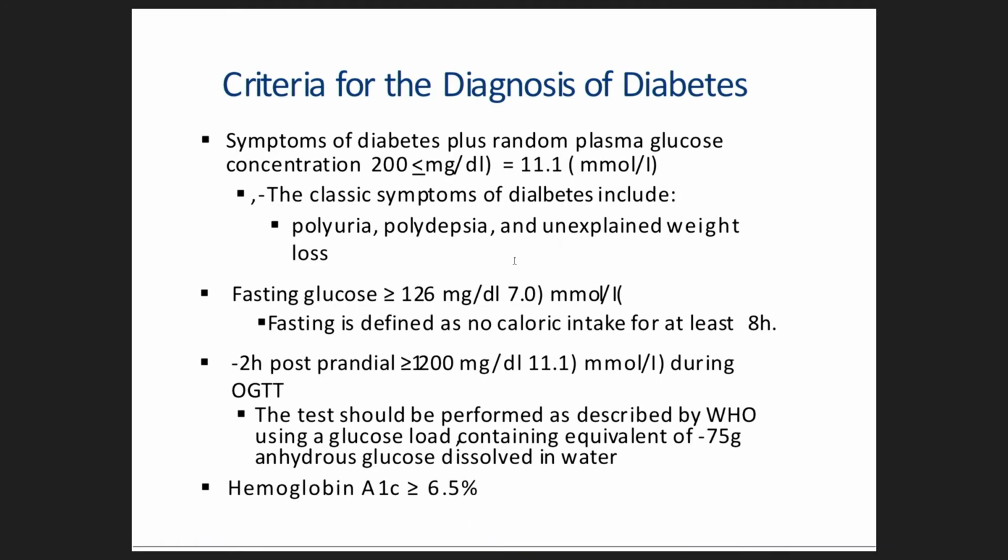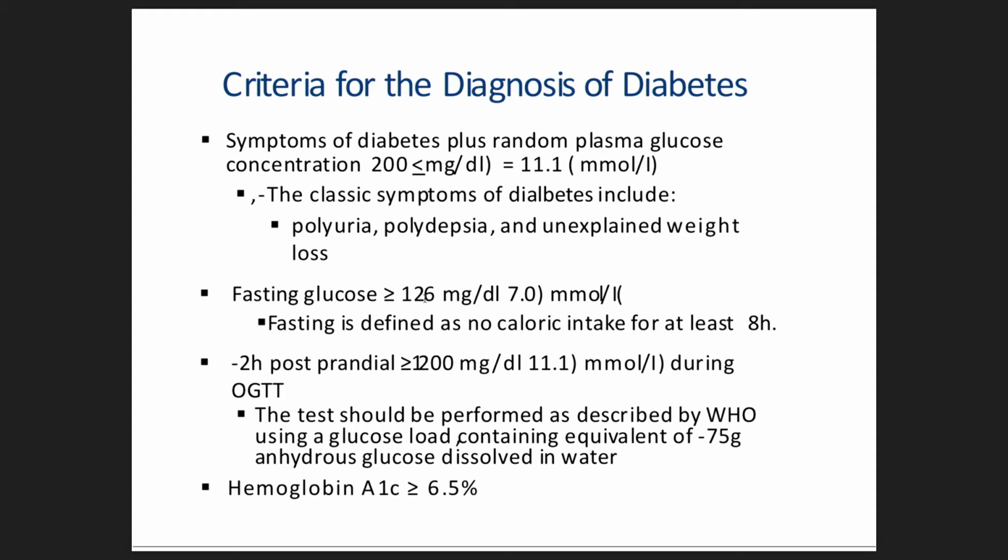Think of diabetes. What are the criteria of diagnosis of diabetes? First of all, we should have symptoms of diabetes, as we mentioned before, plus either fasting glucose equal or more than 126 milligram per deciliter. To convert milligram per deciliter to millimole, we have to divide by 18.